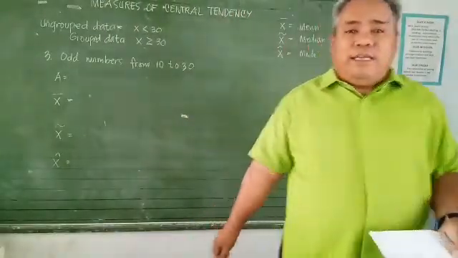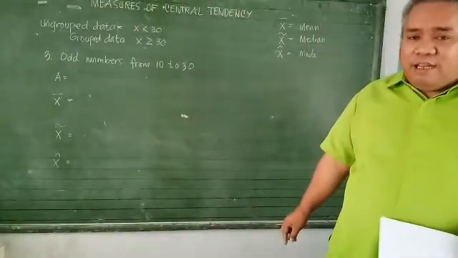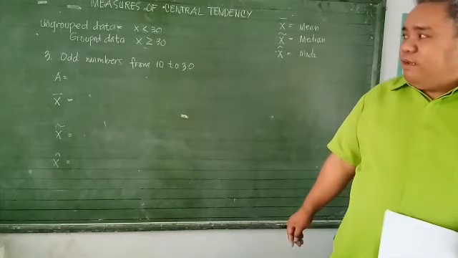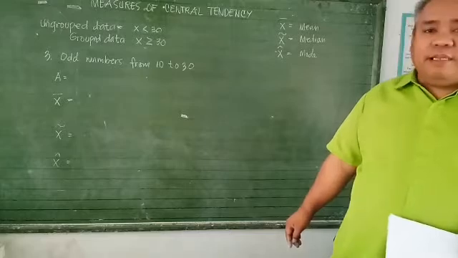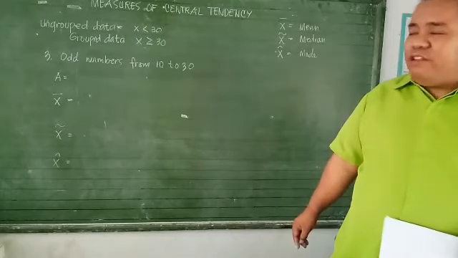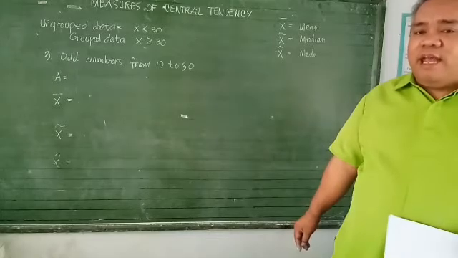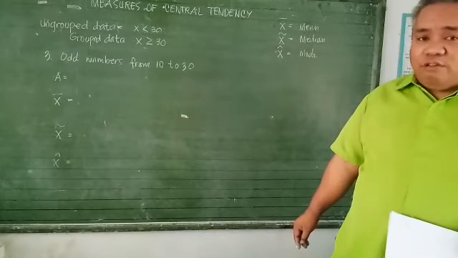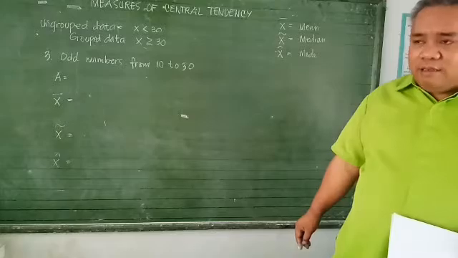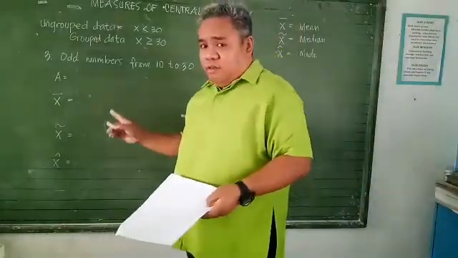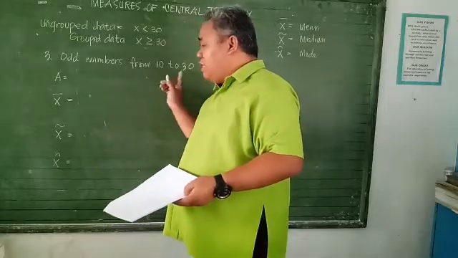Now, what if the given data is actually not composed of numbers but in the form of a statement like this one? Add numbers from 10 to 30, and then we're going to find the mean, median, and mode of the numbers that belong to 10 to 30, which are odd numbers. Now, all you have to do is to analyze and write down those numbers that belong to 10 to 30 which are odd.